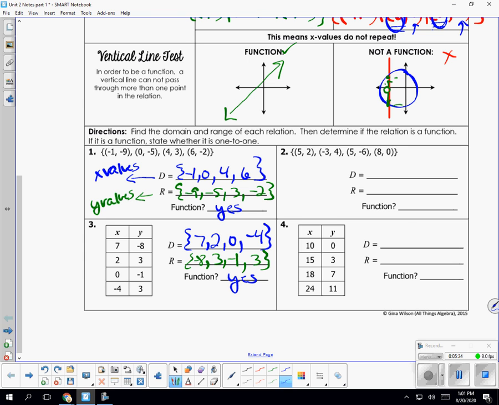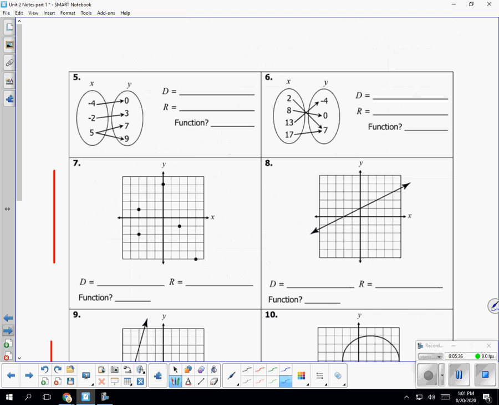All right, let's take a look at number 5. My domain values are my x's, so I'm going to list those as -4, -2, and 5. And my y values are my range values, so I'll list those: 0, 3, 7, and 9. Is this a function? Well, we need to look.